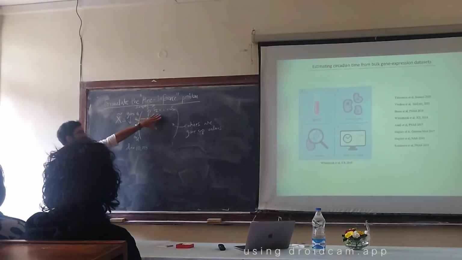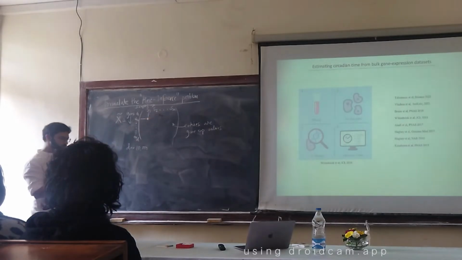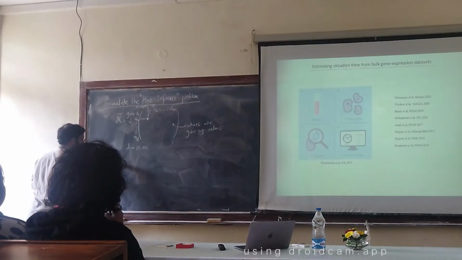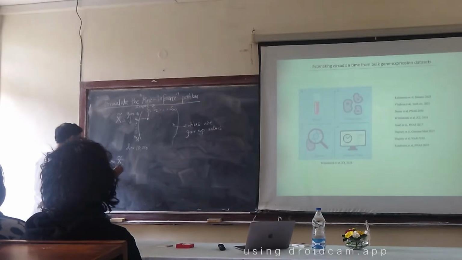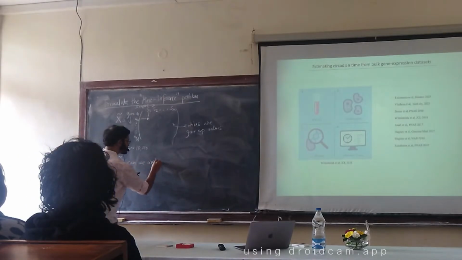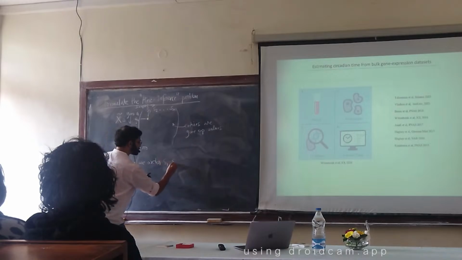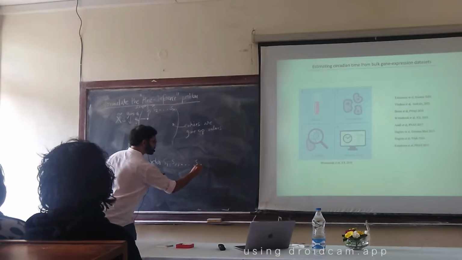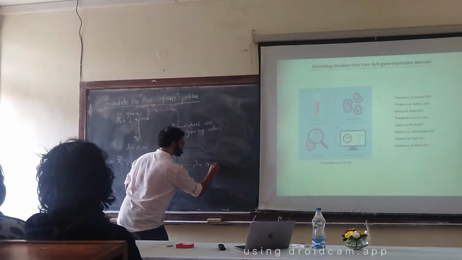We are now going to try to figure out how to order this on a circle. Okay? So the question is, given this kind of a matrix X, can we order S1, S2 all the way up to Sn on a circle?